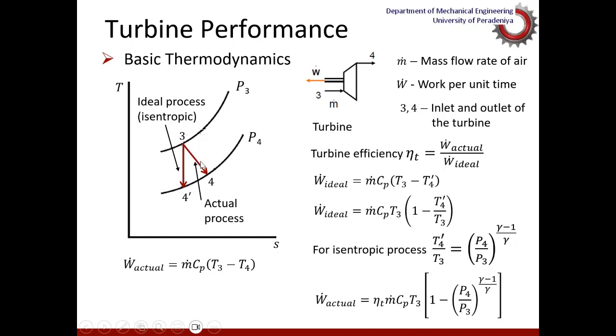That is the actual process. Accordingly, if you know this actual work per unit time in terms of the ideal process as well as the turbine efficiency, then you will be able to find out the temperature drop as a result of taking work out from the outgoing exhaust gases.